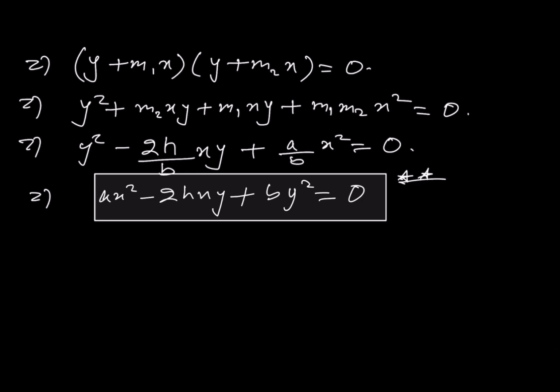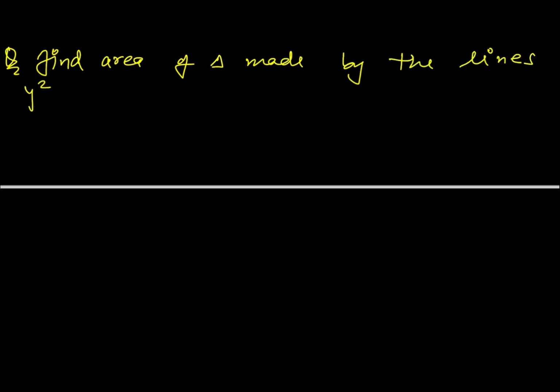Now let's come to the next question. Question is: find the area of the triangle made by the lines y square minus 9xy plus 18x square is equal to 0 and y is equal to 9.